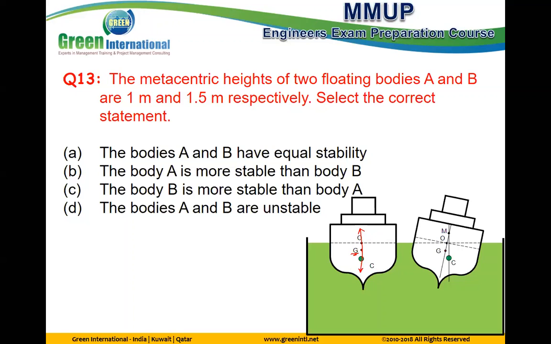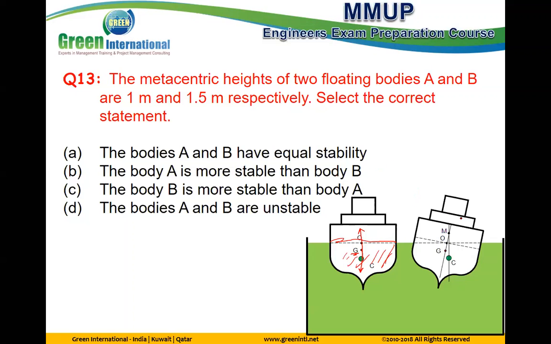The center of buoyancy, the point of action, like the center of gravity, can be determined according to the shape of the body. But which shape? Only the part submerged inside the water, not the total body. Clear? Yes.